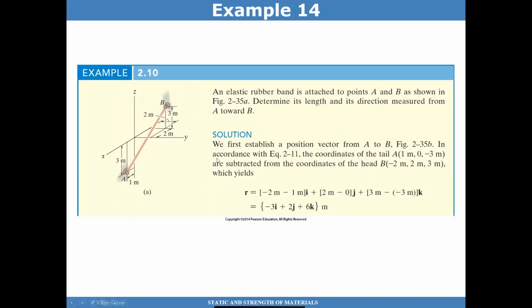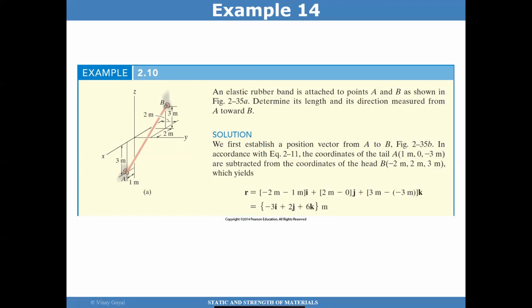So you basically want to establish a position vector going from A to B. And so one approach is to make one of the coordinates 0, 0, 0. But you don't have to. The coordinates here is 0, 0, 0. So you can find the coordinates of this point, find the coordinates of this point, subtract the coordinates in the x direction, the y direction, and z direction to find the vector that points from A to B.